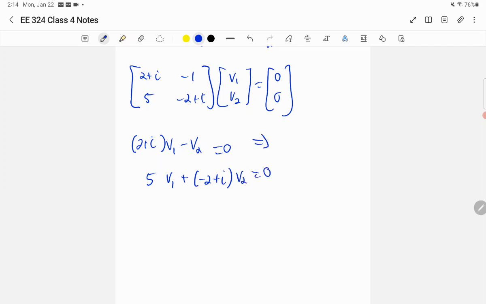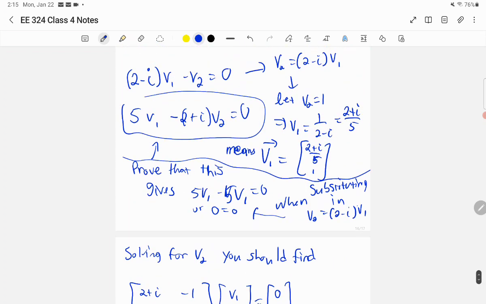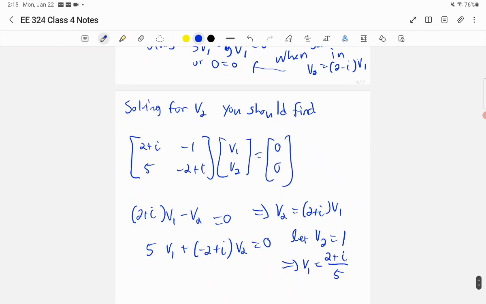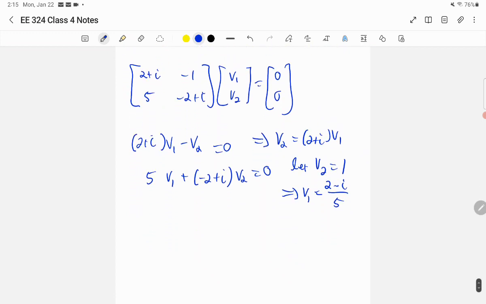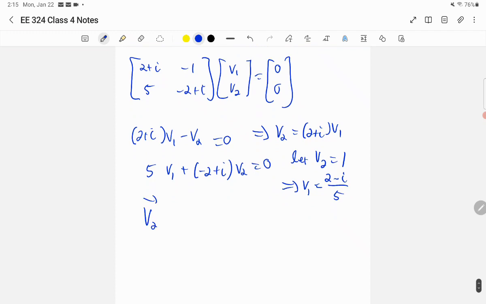This implies that v2 is equal to 2 plus i times v1. Again we can let v2 equal 1, which implies that v1 is equal to 2 minus i over 5. So our second vector is (2 minus i over 5, 1).